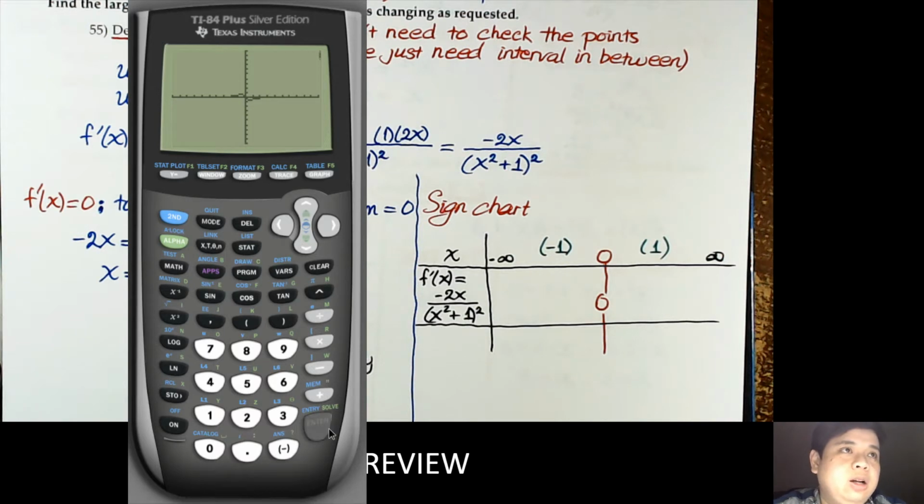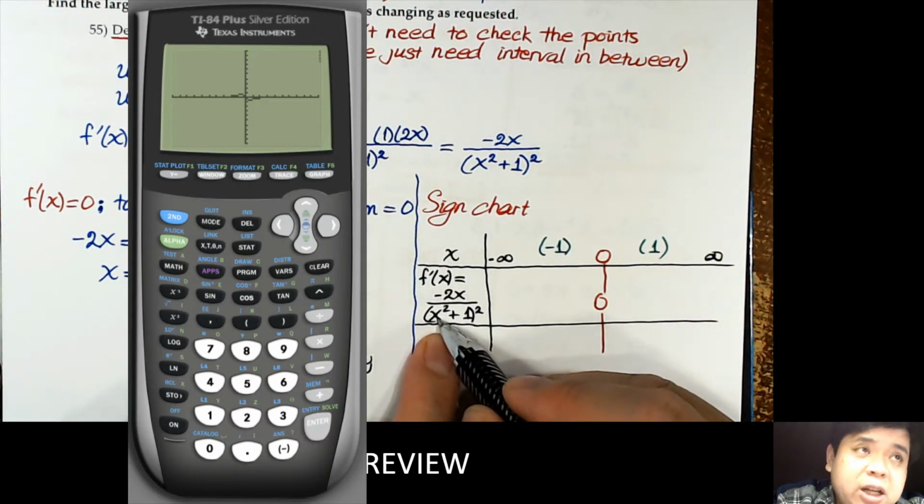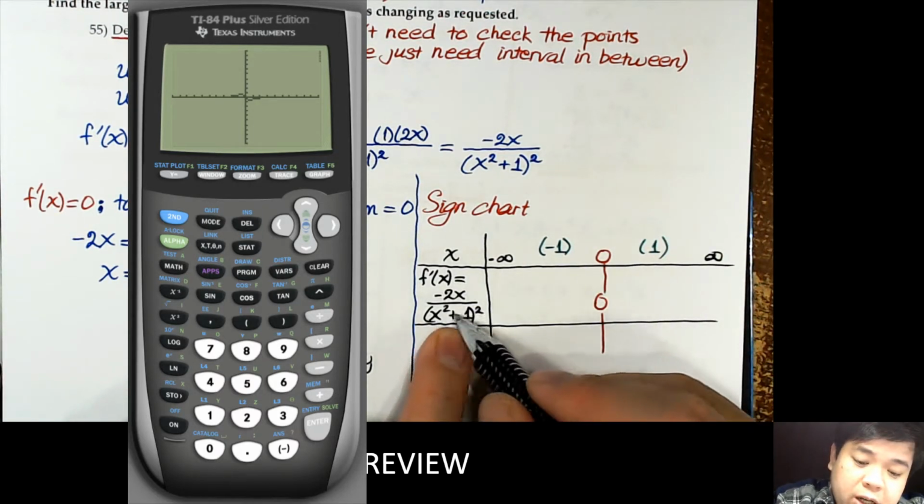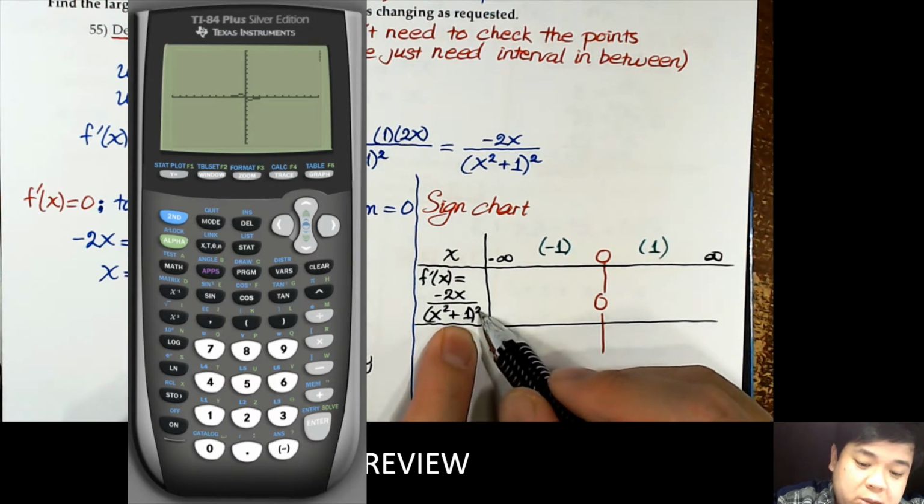Negative 1. Right, there's something wrong with the calculator. So if you put negative 1 in here, remember the bottom is a square, and a square is always positive.